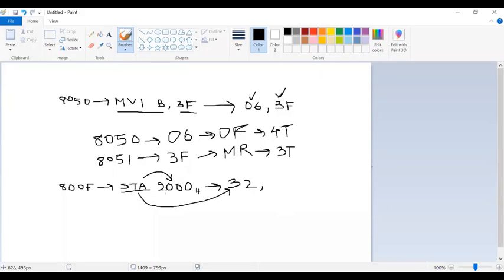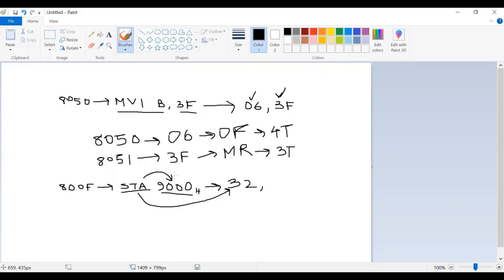Now after this opcode, you have the operand part, which is 9000. What is the size of 9000? It is a 16-bit number. You can't load a 16-bit number at a time, because it is an 8-bit processor. Every operation is based on 8-bit operation.